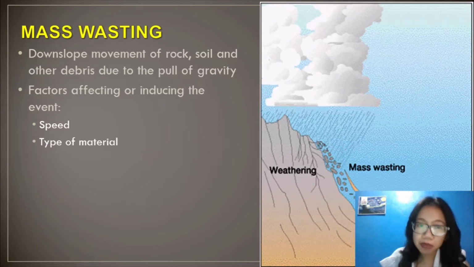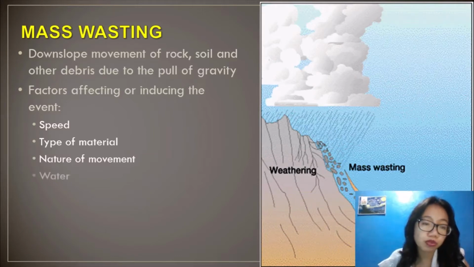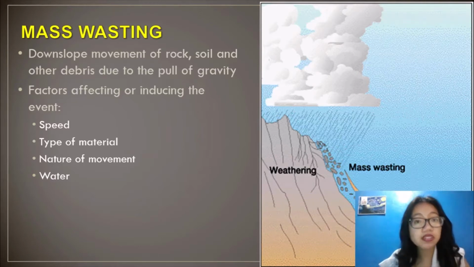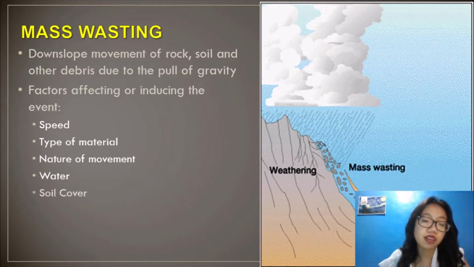The type of material involved will influence how fast the mass wasting event will be. Next, the nature of movement, if there has been a cause or trigger. The presence of water. Usually if there is a high presence of water downslope, that would mean it would be a fast mass wasting event.